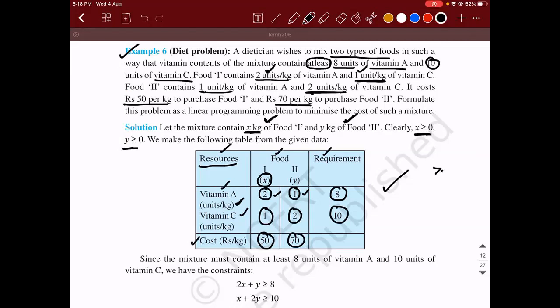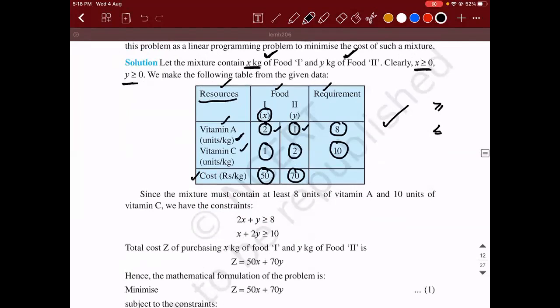So minimum means greater than or equal to. Maximum means less than or equal to. I hope you know this, guys. Wherever you see the word minimum, it is greater than or equal to. Wherever you see the word maximum, it is less than or equal to. Okay. So 2 into x plus 1 into y should be greater than or equal to 8. Similarly, 1 into x plus 2 into y should be greater than or equal to 10.